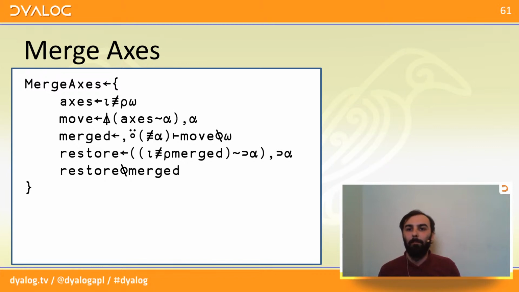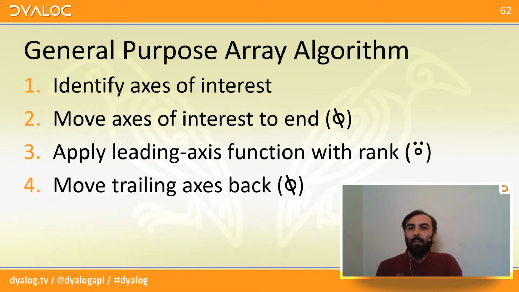Of course, if you want, you could remove the restoration part. You have a function which will let you merge any two axes, basically in any order, but they will always end up at the end of the array. Do with that what you will. I mean, here's the rub really.